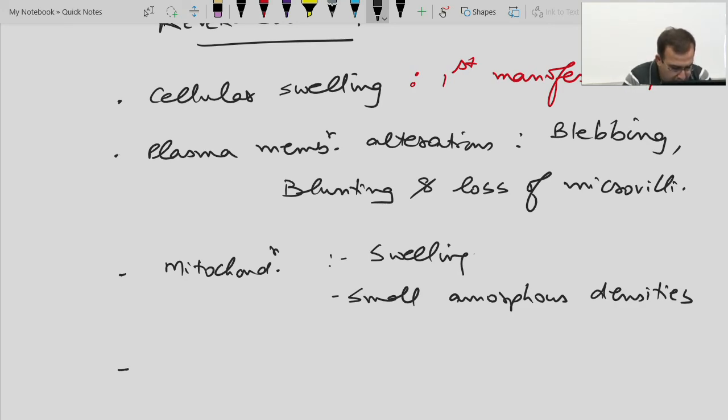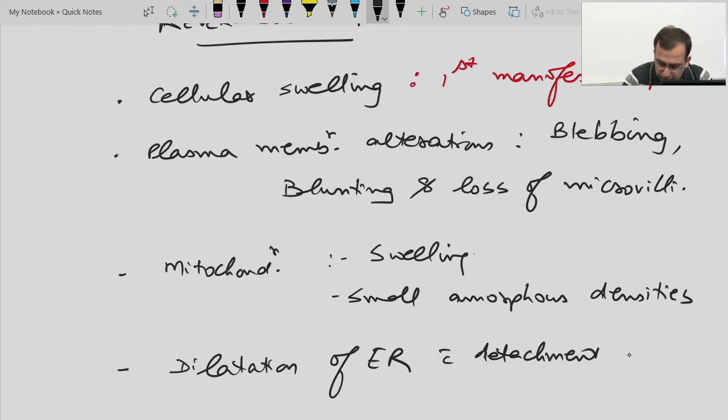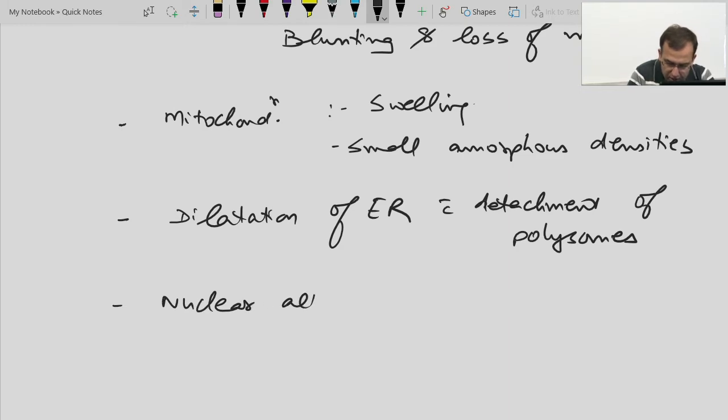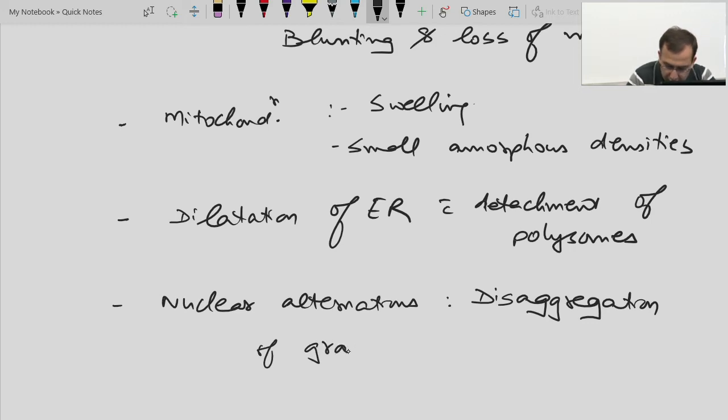Next, the other changes are dilatation of endoplasmic reticulum with detachment of polysomes, and the last set being nuclear alterations. What are the nuclear alterations? Disaggregation of granular and fibrillar elements.